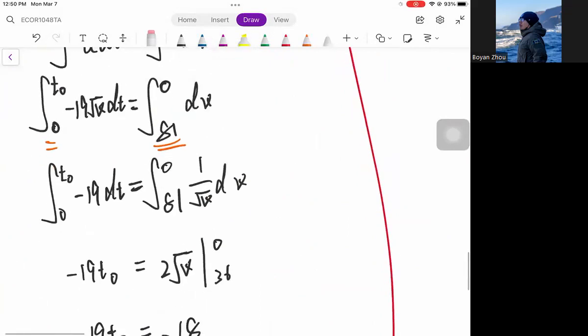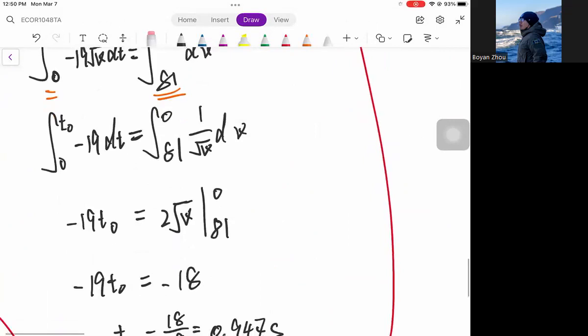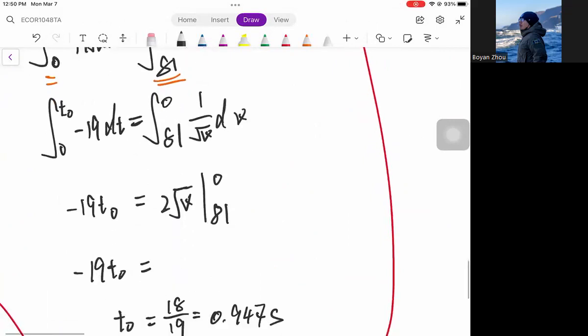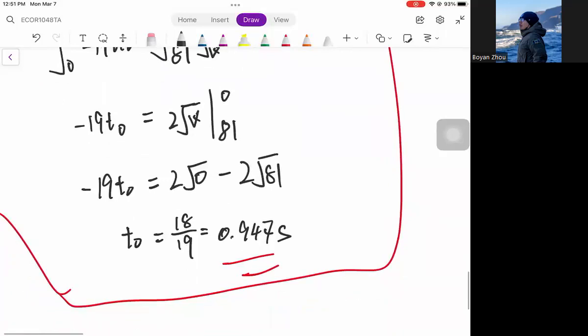Everything should be 81. And on here, it's going to be different: 2 times this one minus 2 times 81. Okay, so it's negative 18 again. So wow, the final answer is not going to change.